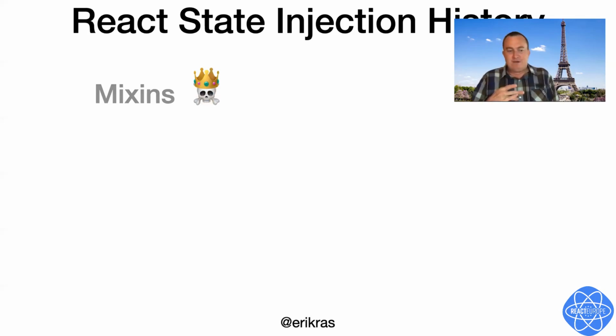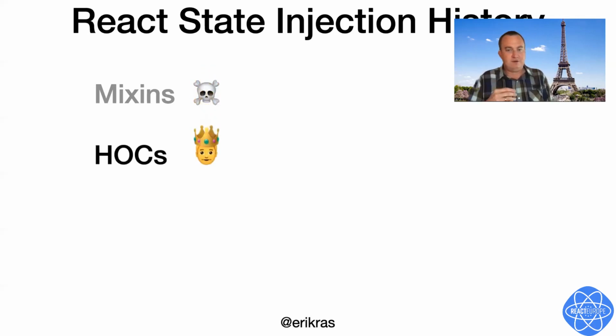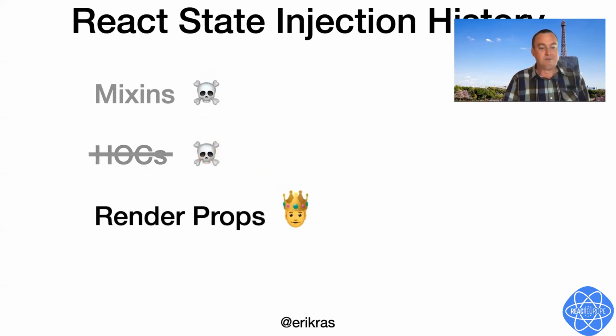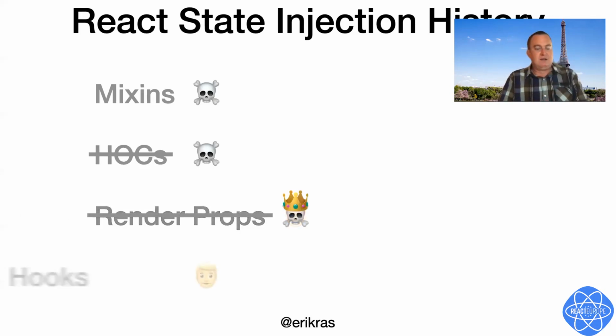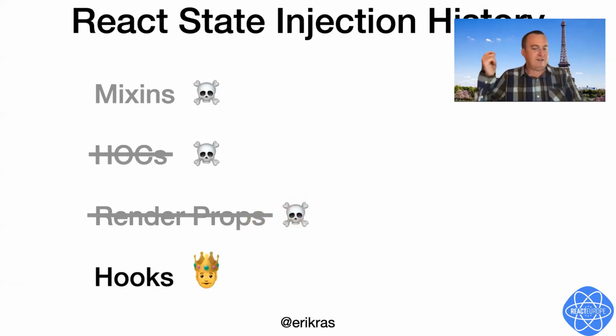But then higher order components swooped in, and they ruled the kingdom for several years. But then render props came in and brutally murdered HOCs, took the throne. And they ruled very happily for many years. And finally, hooks stormed the castle and took the crown and hung its flag from the ramparts.